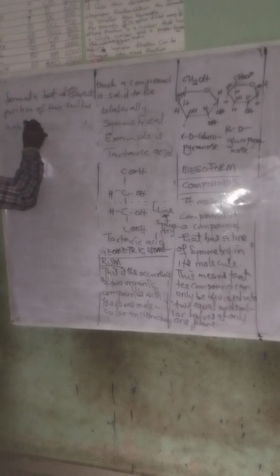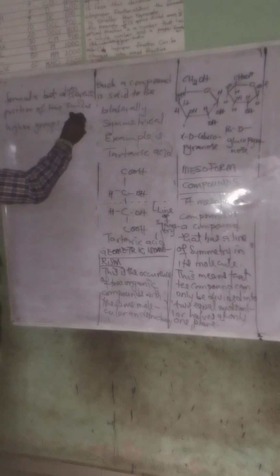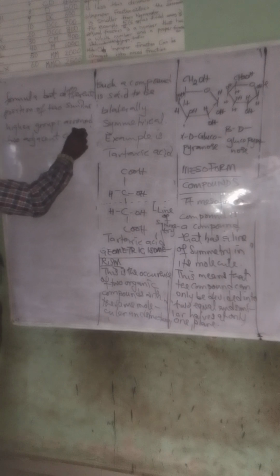But they differ in the position of two similar groups around two adjacent carbon atoms connected by a double covalent bond in their molecules.